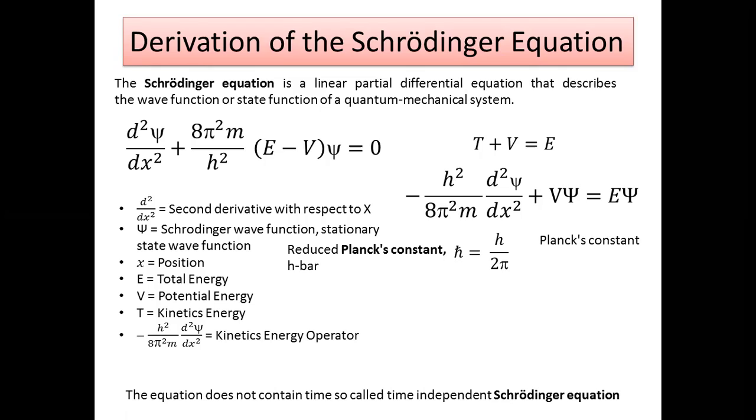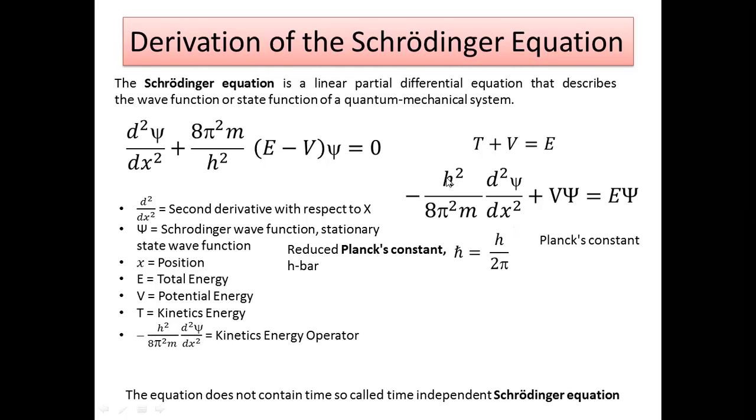So these equations are similar, there is no difference, just the change due to the replacement of one symbol with the other one. Let's suppose this is the new one, the reduced Planck's constant, and we call it h bar, and this is equal to h over 2 pi, where h is the Planck's constant.